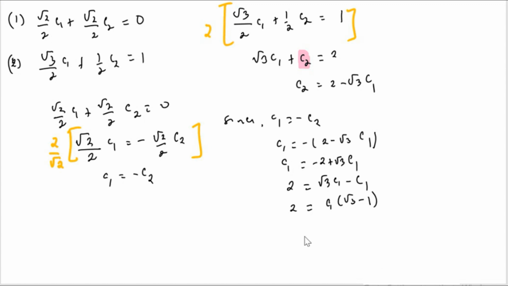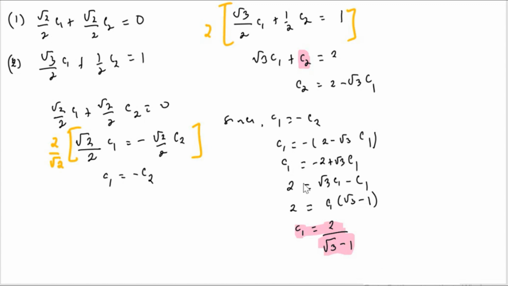Now, we can solve for c sub 1 by dividing both sides by square root of 3 minus 1. So we have c sub 1 is equal to 2 over the square root of 3 minus 1.